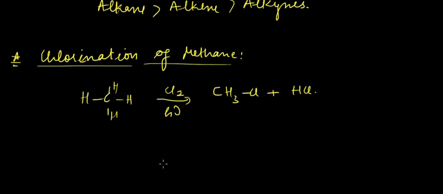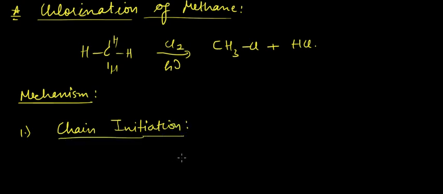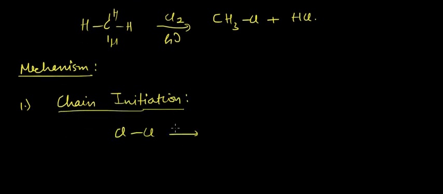Okay, next if we look into the mechanism of the same, first is chain initiation, which is nothing but if we pass Cl2 molecule in hν, we get free radical Cl.